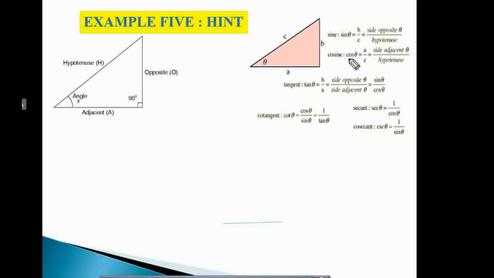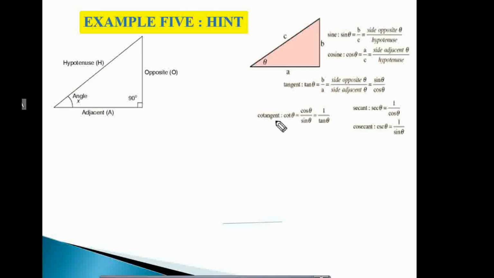Then we have cosine theta, which is equal to adjacent, which is a, over c, the hypotenuse. Then we have tan theta, which is opposite over adjacent, which is b over a. And tan theta is also equivalent to sine theta over cos theta.